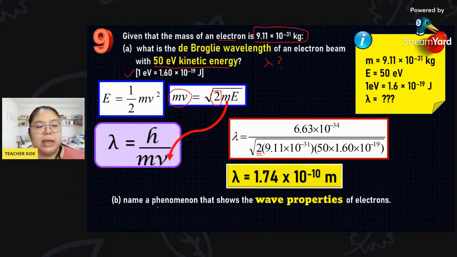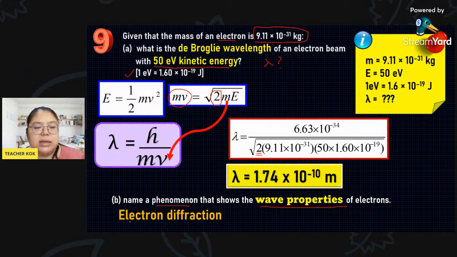Name the phenomena that show the wave properties of the electron. What phenomena? The phenomena that show the wave properties of the electron. So your answer: electron diffraction.